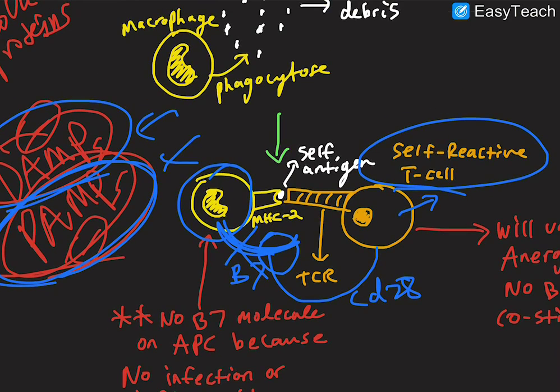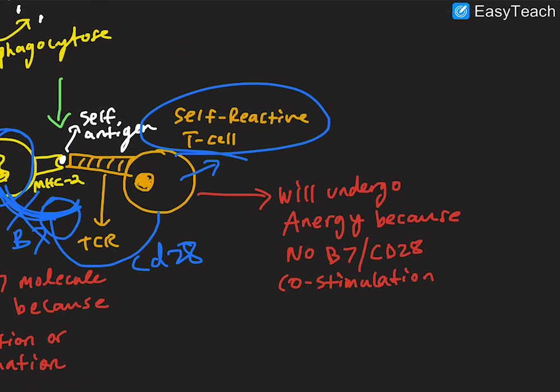With no B7 CD28 interaction, this T cell undergoes anergy, because you need this co-stimulation of B7 CD28 for the self-reactive T cell to get activated. If you don't have the B7 CD28 interaction, the T cell gets inactivated, also called anergy.